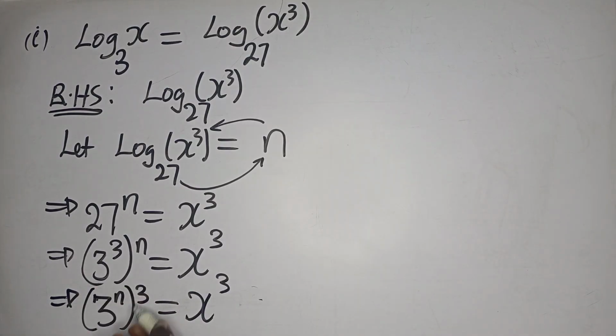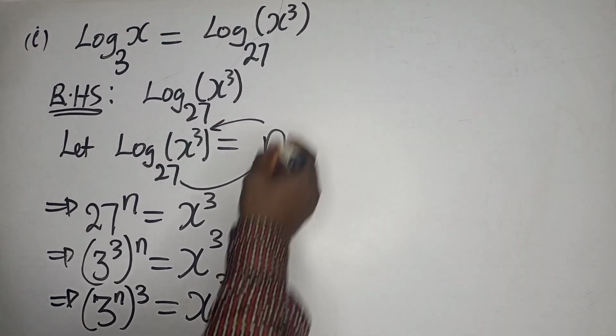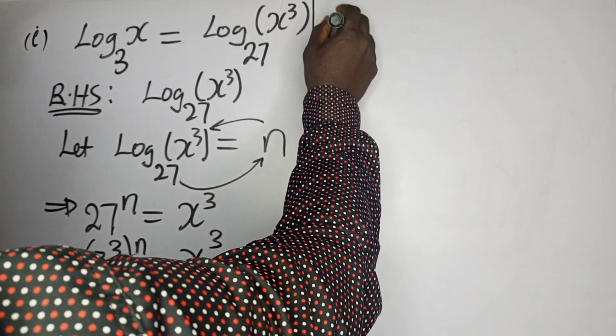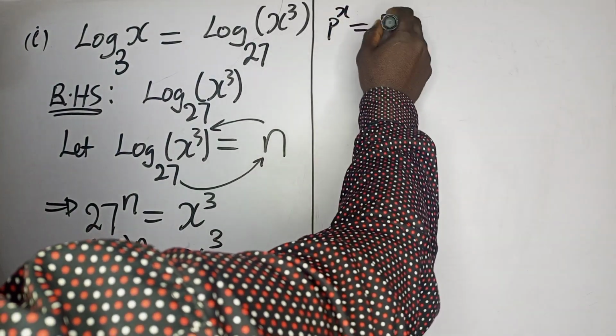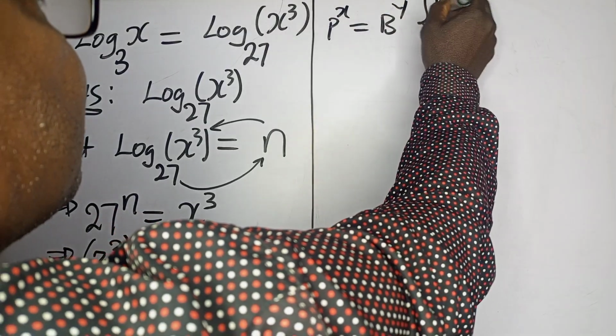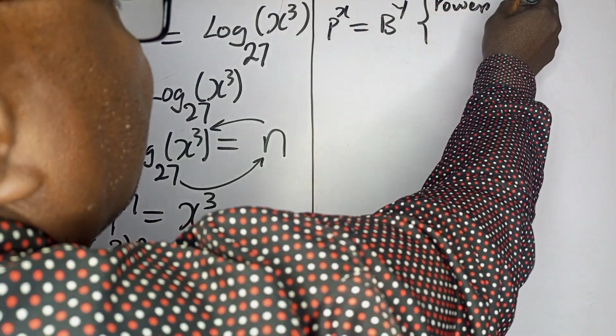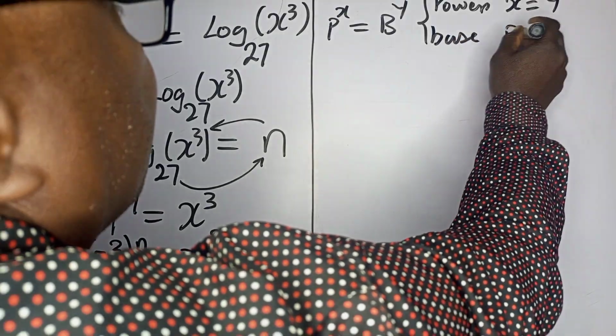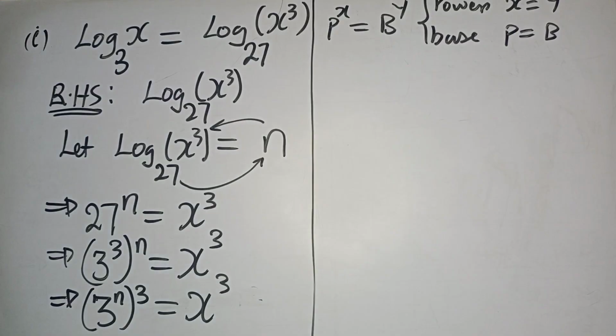So we have this cubic expression equals this cubic expression. This index expression equals this index expression. Equality of two index expressions, p to the x equals b to the y, is possible only when the powers are equal and the bases are equal.